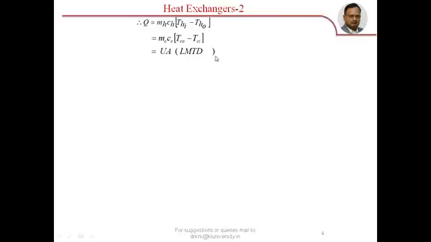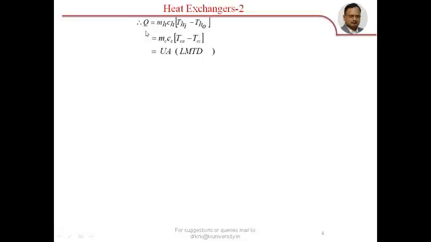If it is a cross flow heat exchanger, or 2 shell 4 pass, or 1 shell 2 pass heat exchanger, or one fluid mixed and the other fluid unmixed, different varieties of heat exchangers are there. For all those you have to apply a correction factor. The counterflow LMTD you have to multiply with that correction factor.